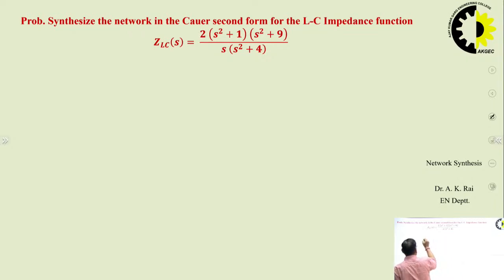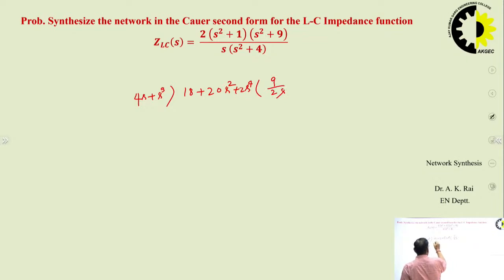So 4s plus s squared, then 18 plus 20 s squared plus s, twice s to the power 4. Try to remove this, so it will be 9 by 2s.